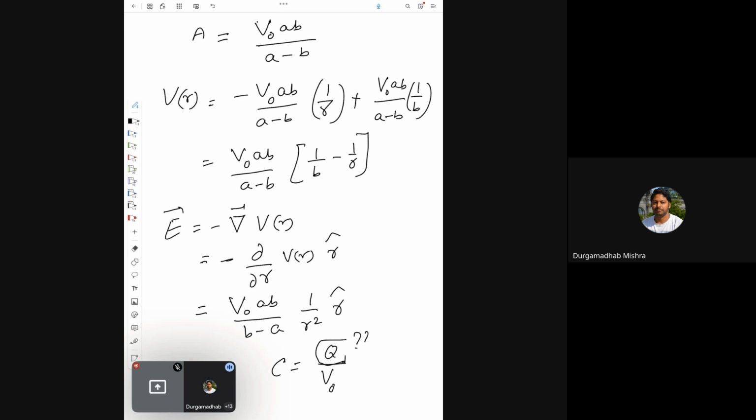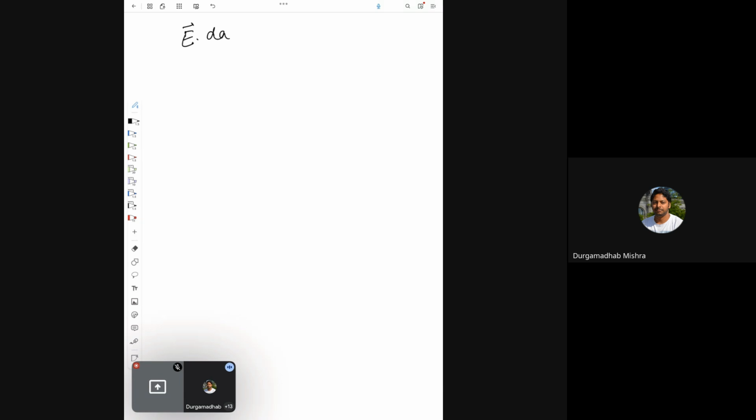So again, we will take a little bit of help from Gauss's law here. So how? We know from Gauss's law that E dot dA, I'm not writing the integral yet, will be equal to whatever charge is enclosed by this small surface area dA. Okay.